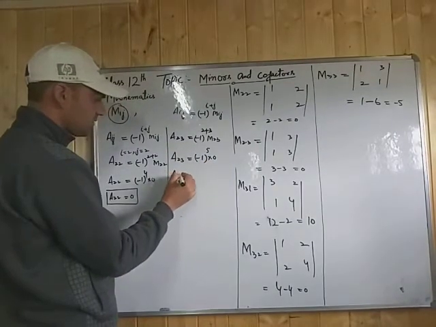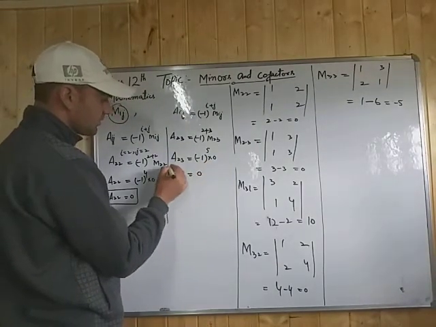So we can write here A23 that's also equal to 0. ये 0 के बराबर है.